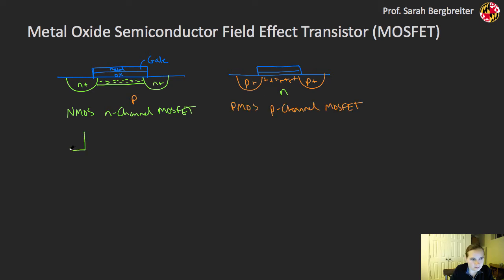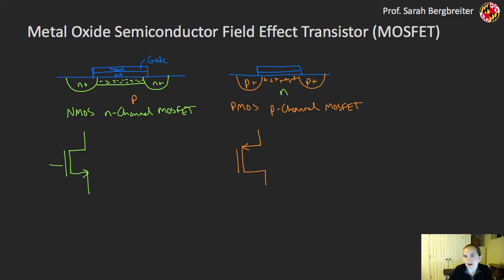And the symbol that I'm going to use for these typically is going to look something like this. For the NMOS, I have my 3 terminals right here. For the PMOS, I have my arrow pointing down here. The PMOS looks the same, I just have a slightly different direction for that arrow.